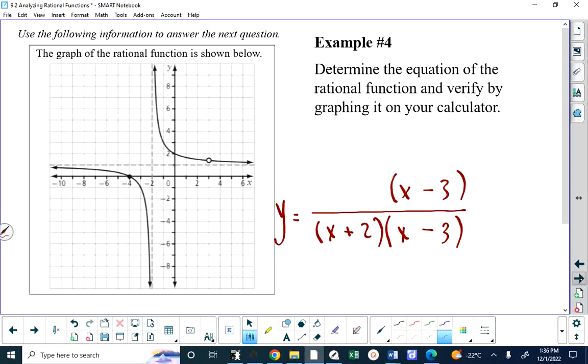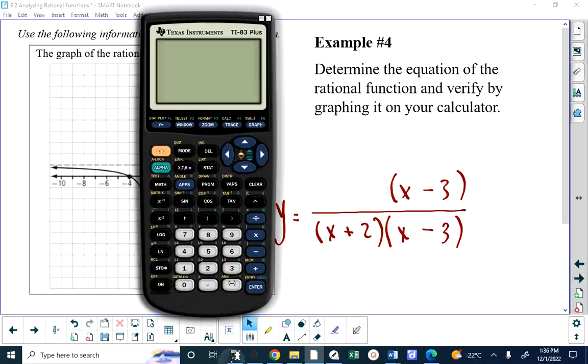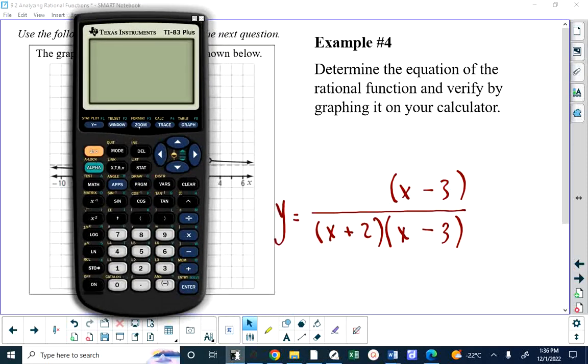But I will tell you what, right now, if you were to graph this, it doesn't look like that. I'll show it to you. There's something else that you don't know yet, but let me go ahead and graph this. And this is a good exercise in how to enter this. I can go x minus 3 divided by, if I do this, I will have entered it wrong because that's only going to divide by the x plus 2.